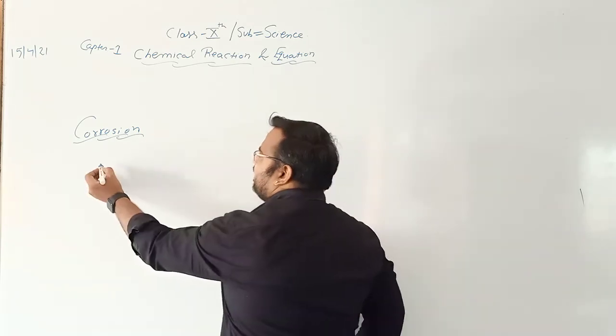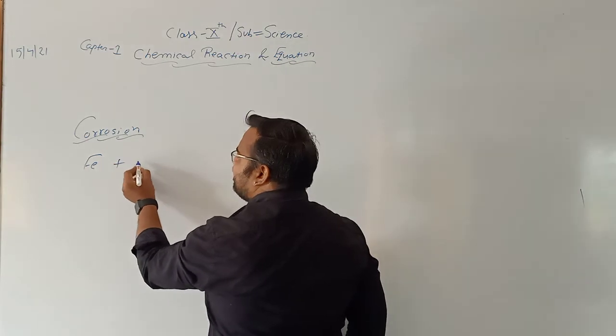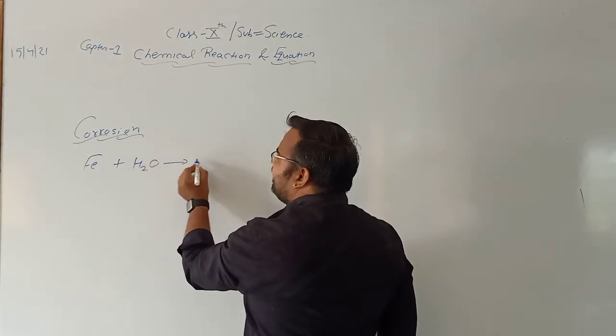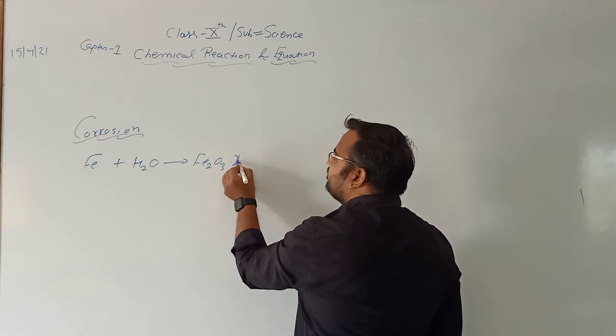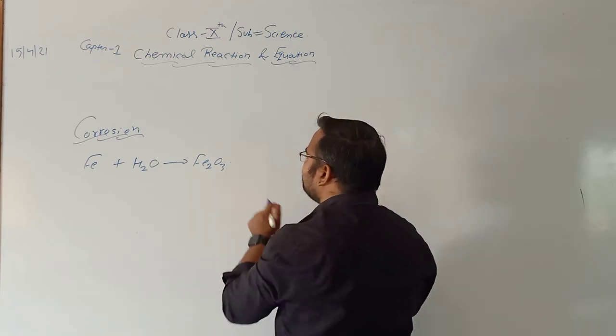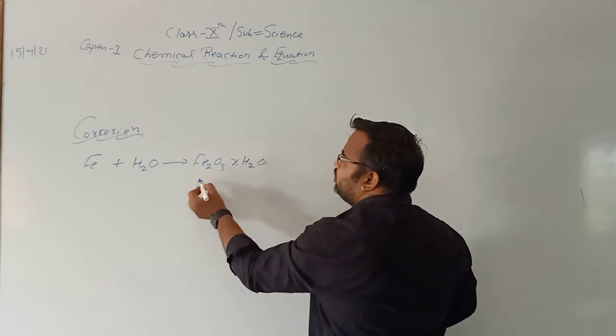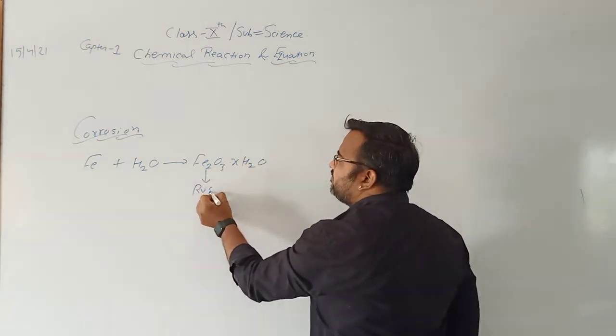For example, iron, when it comes in contact with water, gives Fe2O3 dot xH2O. This is the formula for rust.